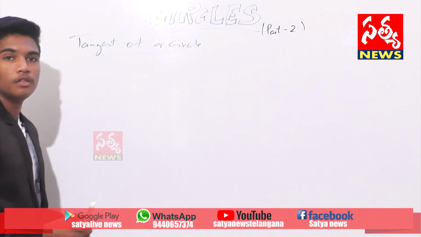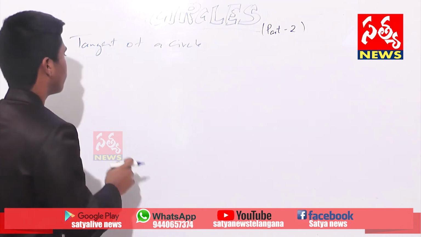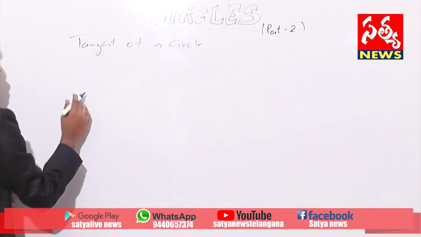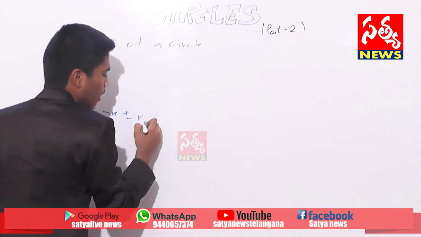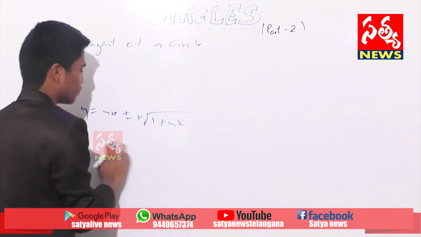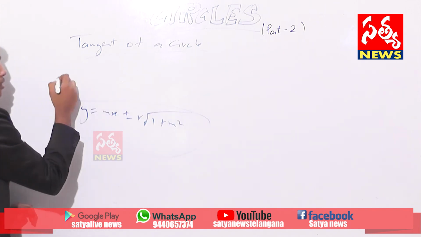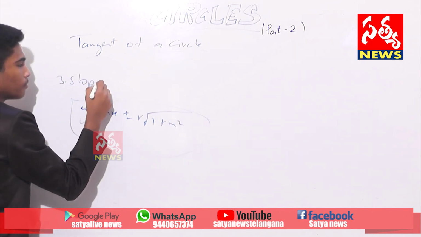Okay. The first equation that we have learned for the tangent of a circle, which is y is equal to mx plus or minus r under root 1 plus m square, right? This is also known as slope form.